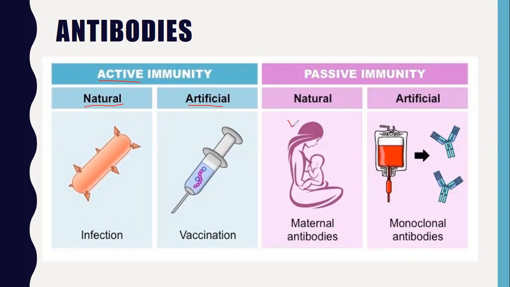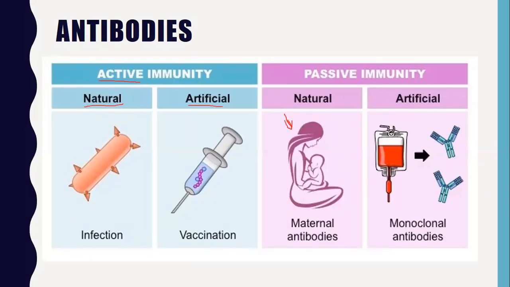That includes breastfeeding, and it's also going to include in utero, from mom to baby while the baby is still in the uterus. And then you can also have artificially acquired immunity. Remember, passive immunity is from a source outside the body.